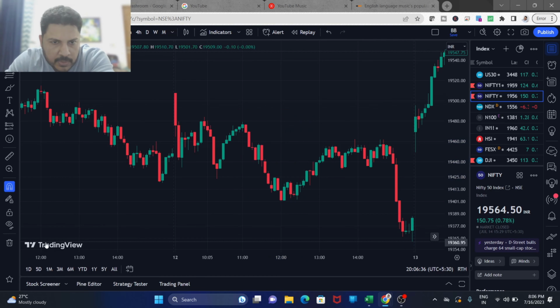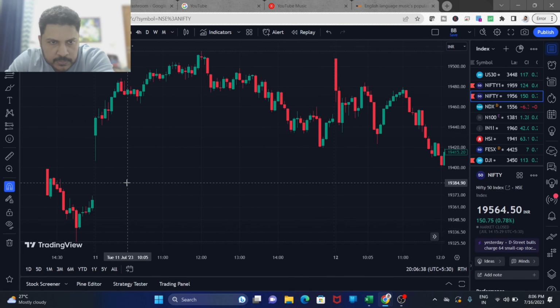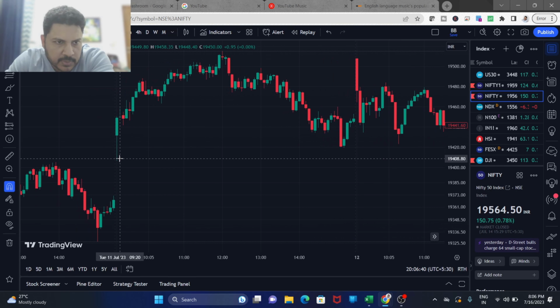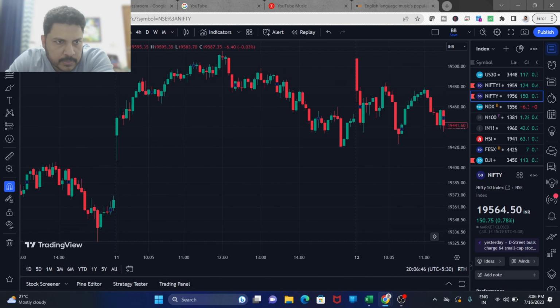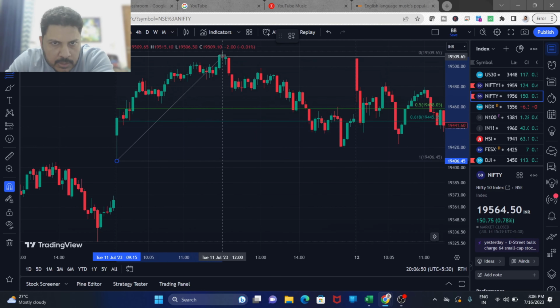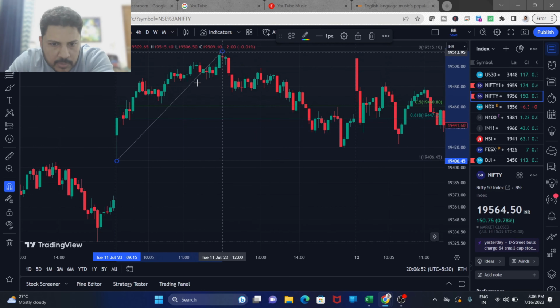So let's look for one more trade like this. So this was your first 5 minutes candle on Nifty. And this was your peak which has formed at 12 o'clock. From there you see it came into the zone first and then it gave a false breakout.